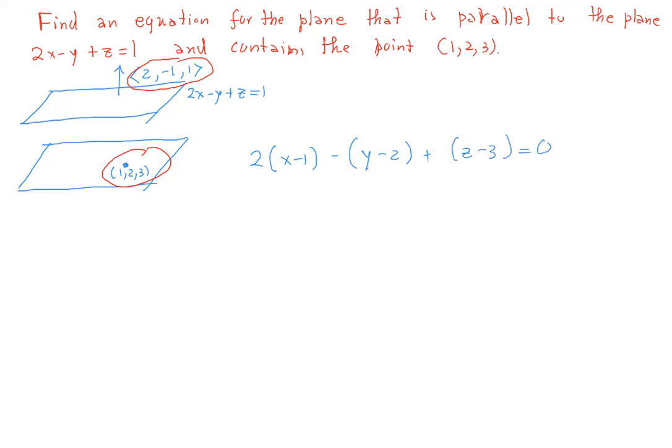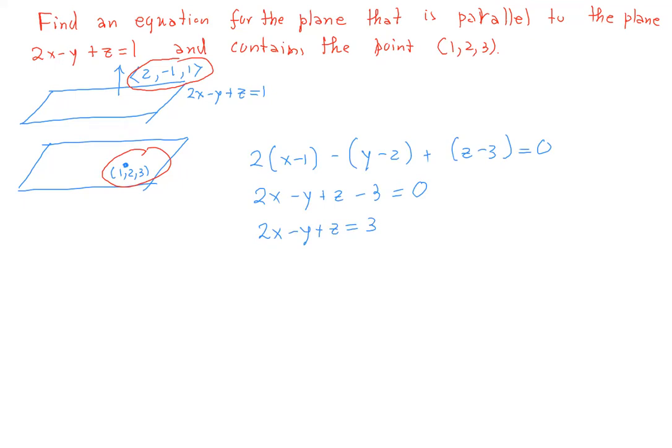Again, if you want to simplify it, this will be 2x minus y plus z, and the constants are what? Minus 2 plus 2, that's 0, minus 3, or 2x minus y plus z is equal to 3. Any of these three equations would do just fine.